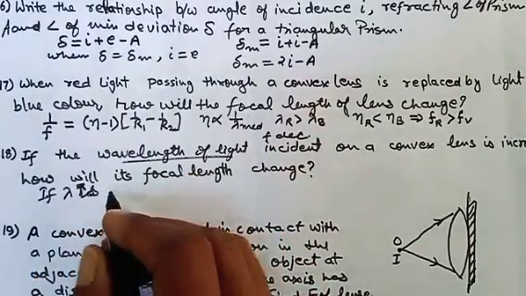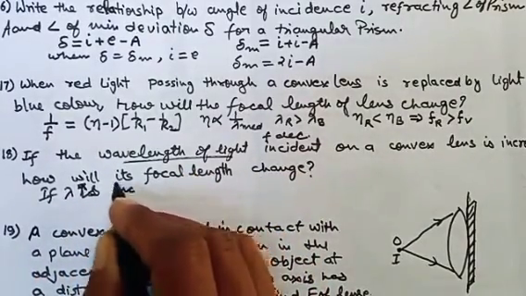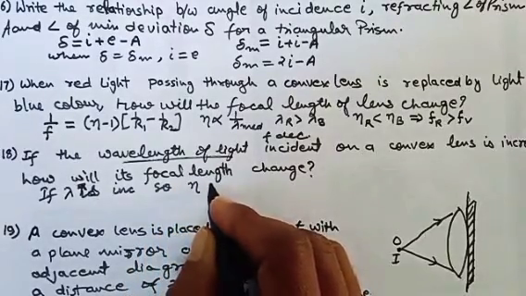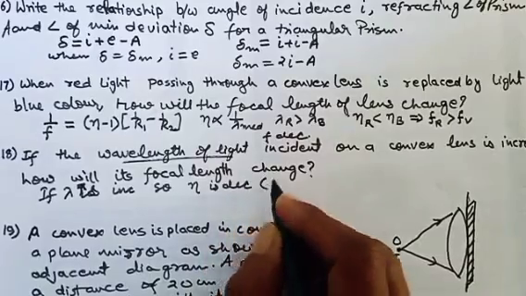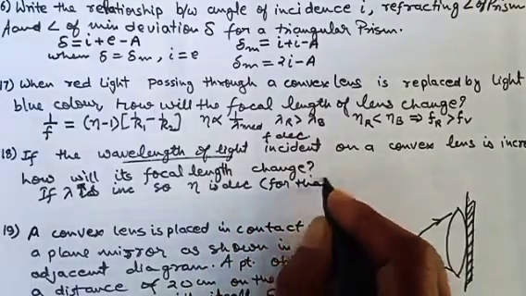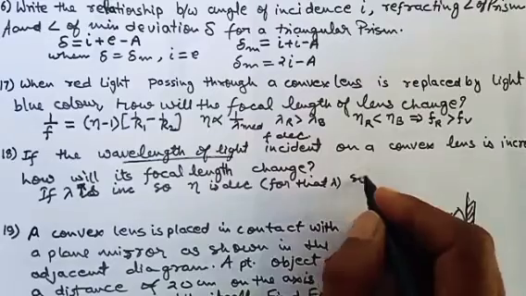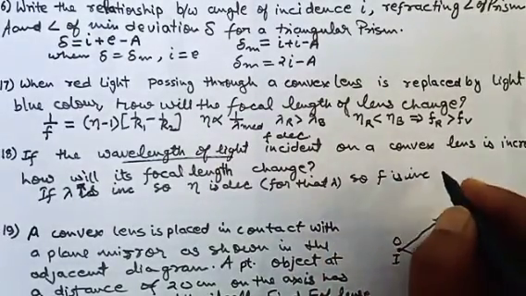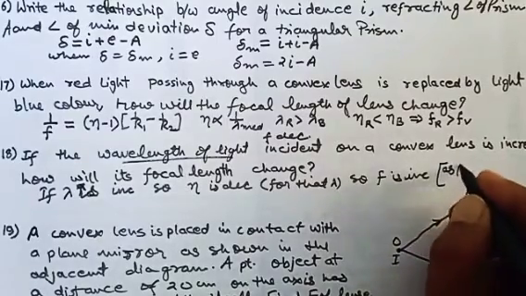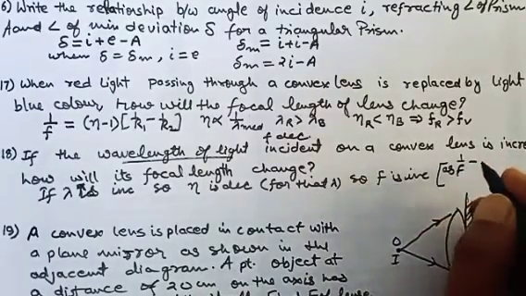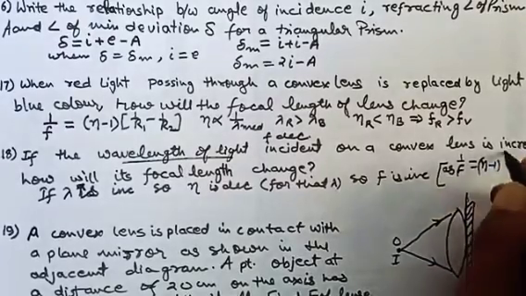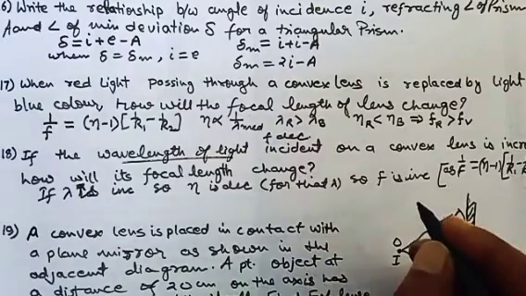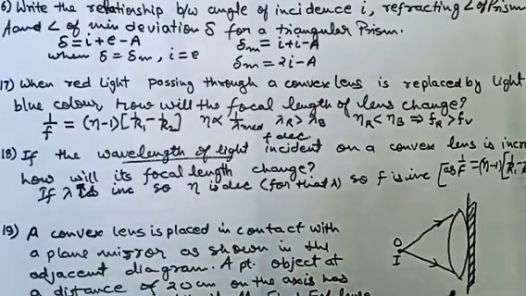So if lambda is increasing, the refractive index is decreasing for that wavelength. So F is increasing, as 1 upon F is equal to eta minus 1 and all those terms, 1/R1 minus 1/R2. That's all. Nothing else is required.